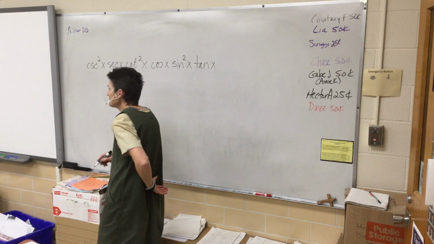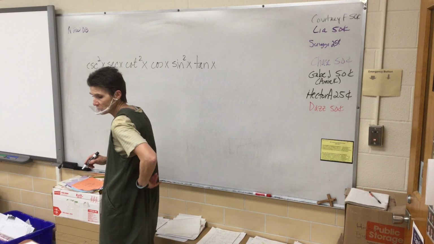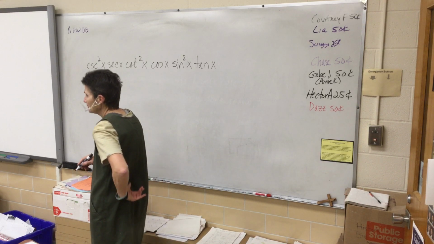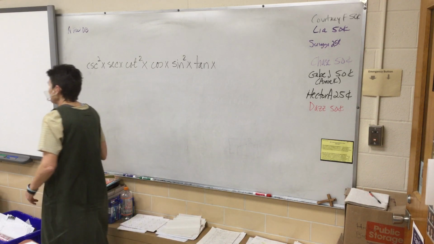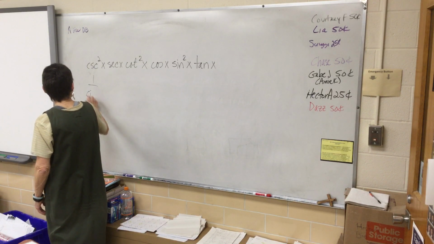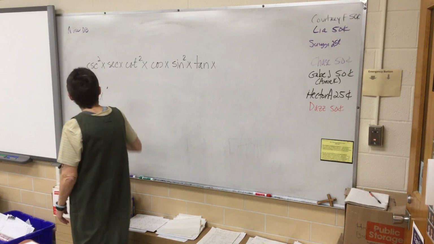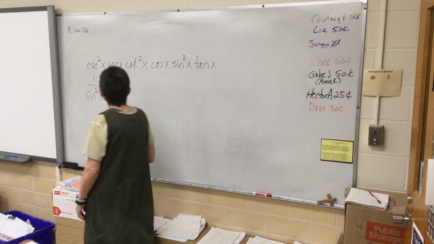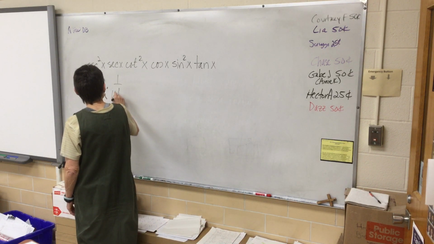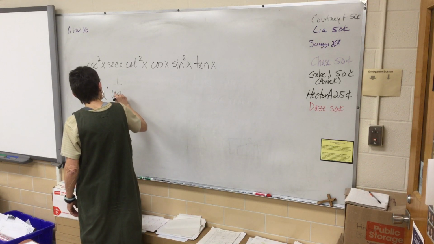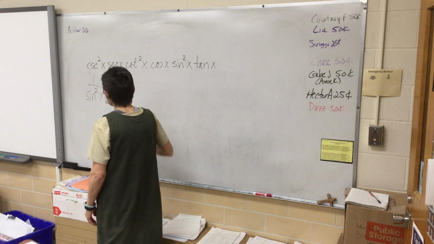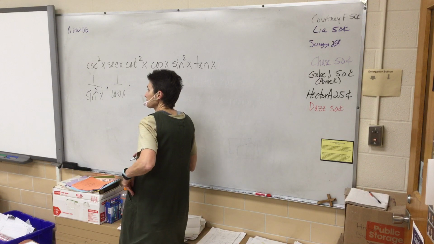All right, so cosecant squared is what? What's cosecant? Look at the first 5. 1 over sine. So you're at 1 over sine squared. Because it's squared, you just make it squared. What's secant? 1 over cosine. What's cotangent? Cosine over sine.